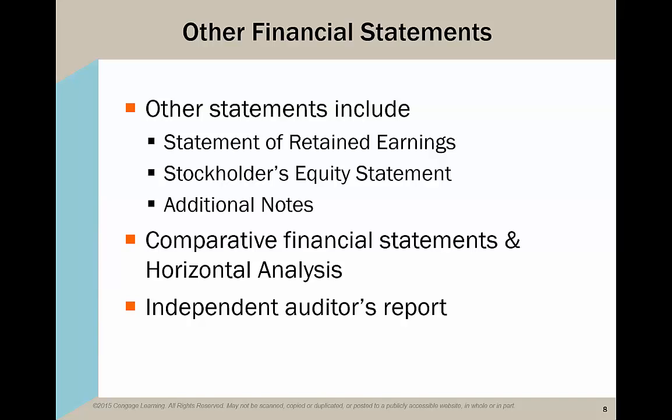We can look at maybe if the firm has changed its accounting methods, how it recognizes its revenue, or how it's valuing its inventory. For example, if they use the LIFO method as opposed to first in, first out, then they would explain that. Or if they were depreciating their assets in a different way.